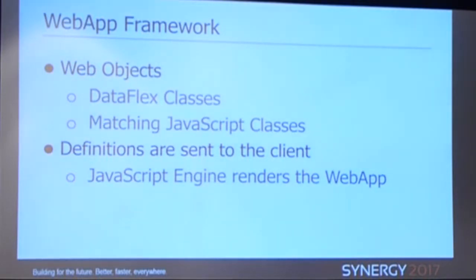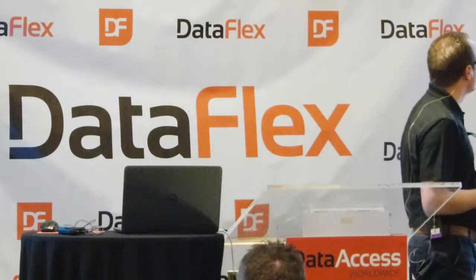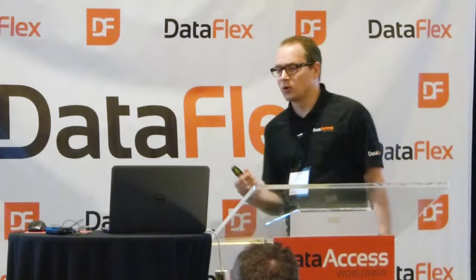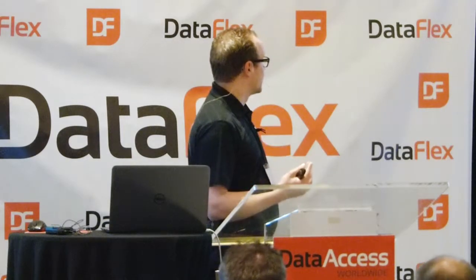web properties are for. I won't be digging into this too long, but the web app framework is based around the fact that there is a thing called web objects in DataFlex. Web objects are what you use to build your application, and they are sent to the client, and they tell the client, the JavaScript engine that runs on the client, what it should put on the screen.